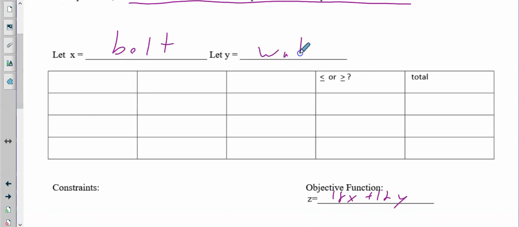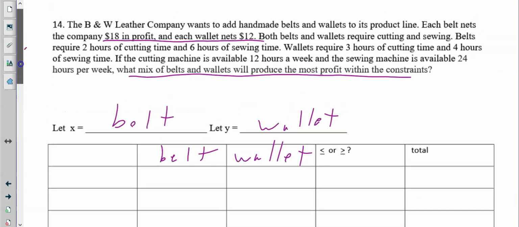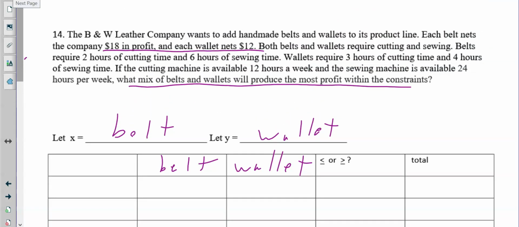That is my wallet. So that means I put belt here and wallet here. Now that I have that, I don't need this anymore, and I don't need this anymore. And I really don't need anything up here.